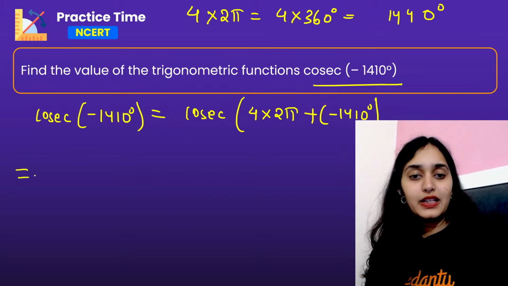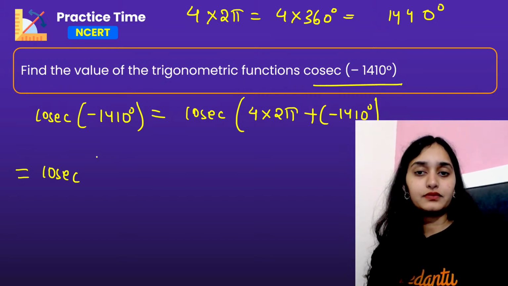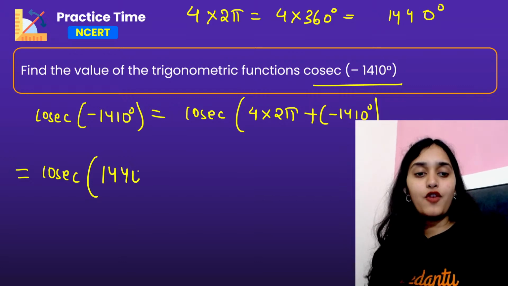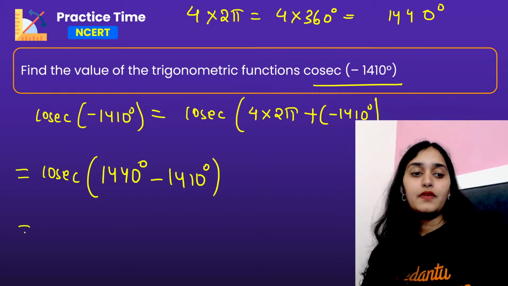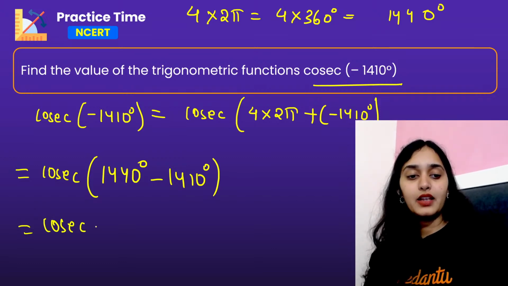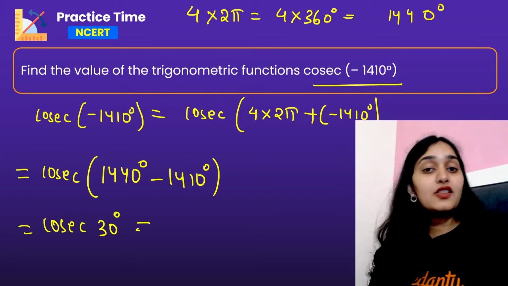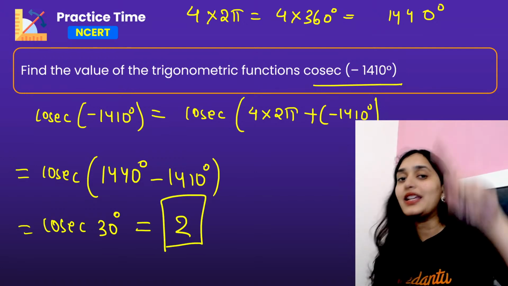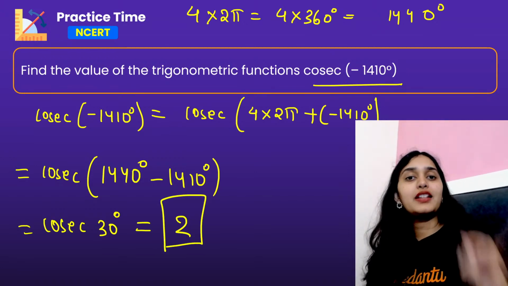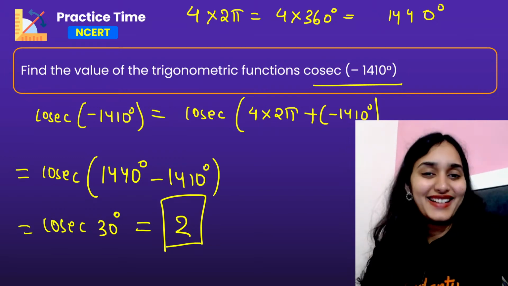So this is basically cosec of 1440 degree minus 1410 degree, which is cosec 30 degree. How much is cosec 30 degree? 2, because sine 30 degree is 1 by 2. So cosec 30 degree is 2. That's your answer. Okay.